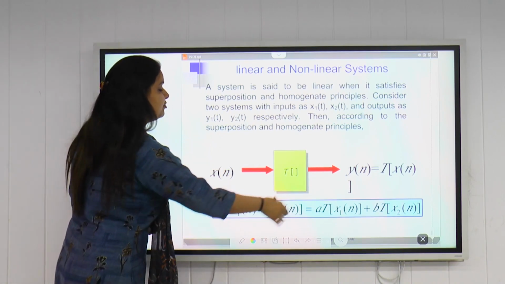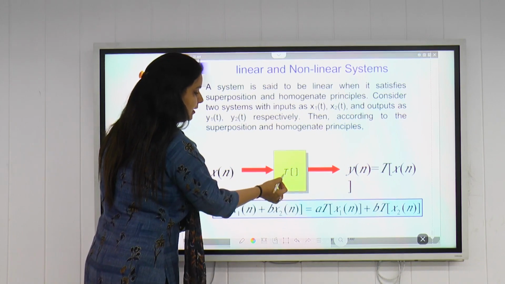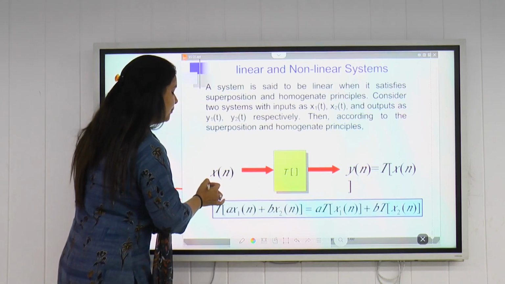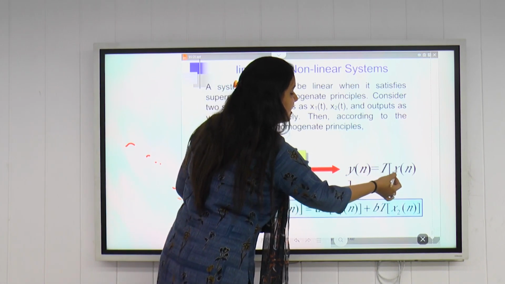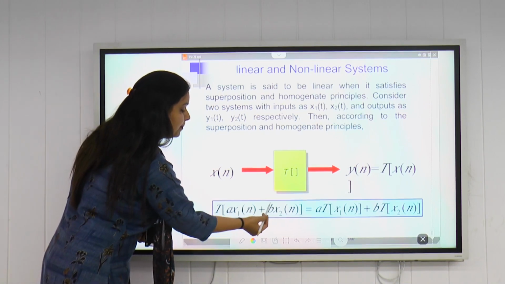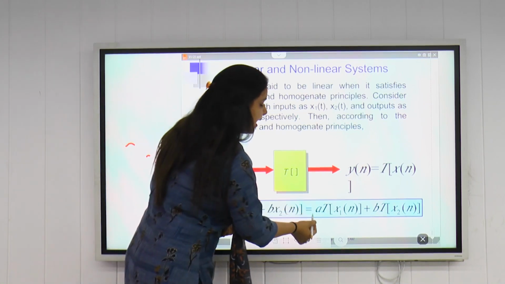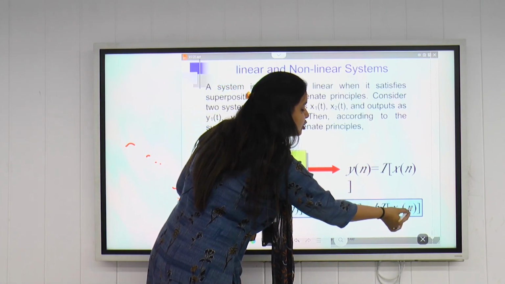Here we are considering a system operator, the transforming operator T, and the input is applied to the system. When we get the output y(n) equal to T of x(n), we can see a x1(n) plus b x2(n), that means our operator is applied on a x1(n) plus b x2(n).